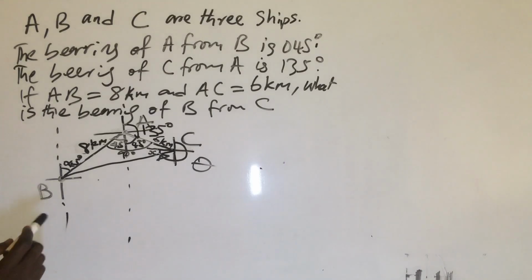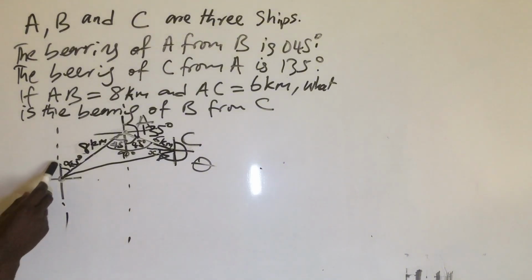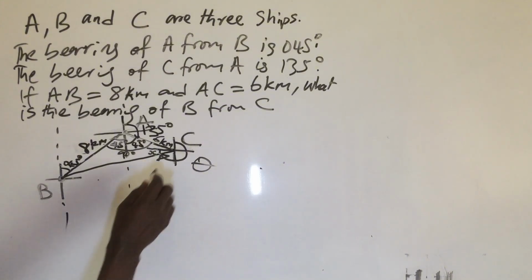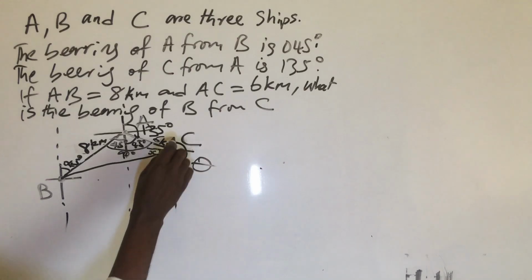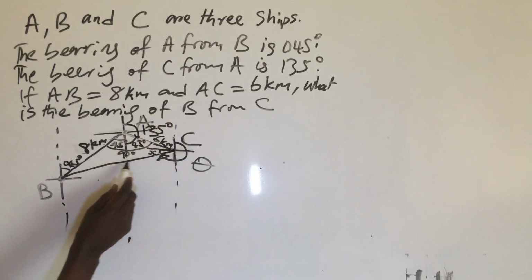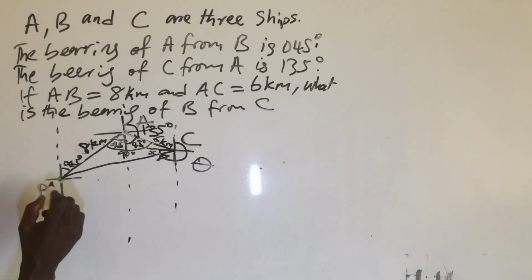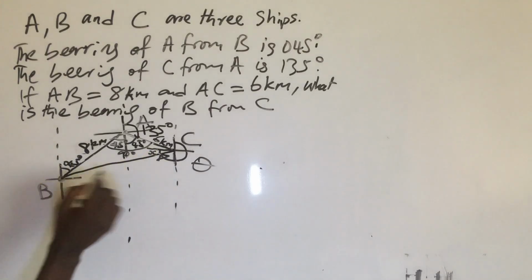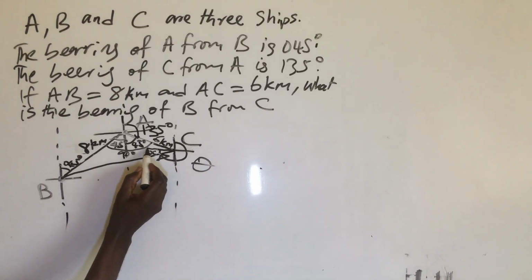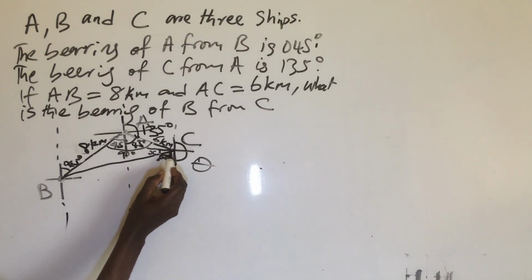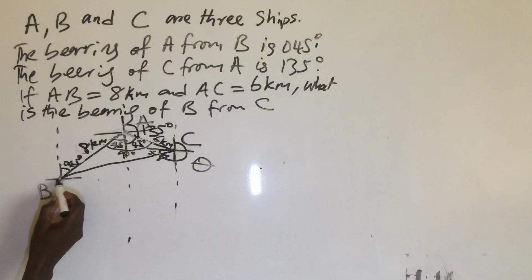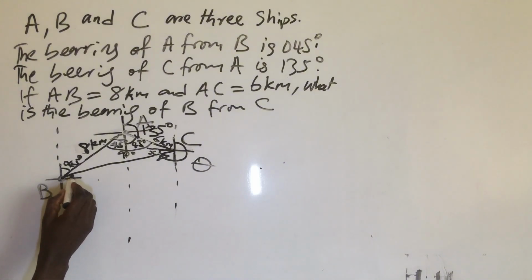Now, if you check another alternate angle here, this line is parallel to this one also, and this line has formed a transversal to it. So since it has formed a transversal to these two parallel lines, you can now see that the angle here is alternate.